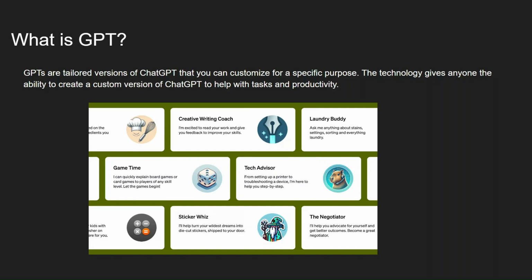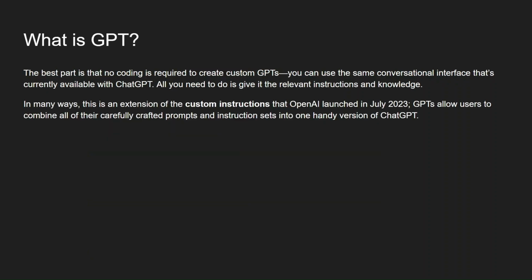You might be a creative coach, a resume writer, a tech advisor, or a VC, whatever you are looking for. You might have a GPT only for your specific use case. ChatGPT is general purpose; it's a generic GPT that can do all the tasks. We don't want all the tasks. We only want GPTs that can do specific tasks.